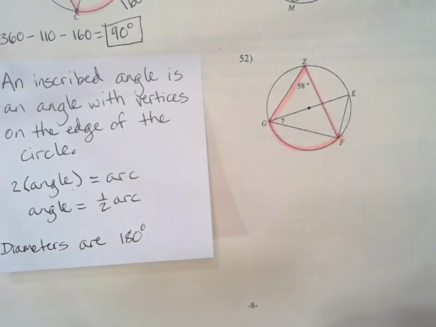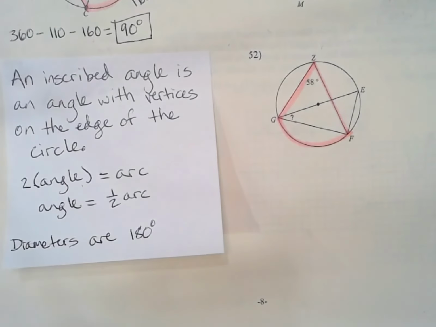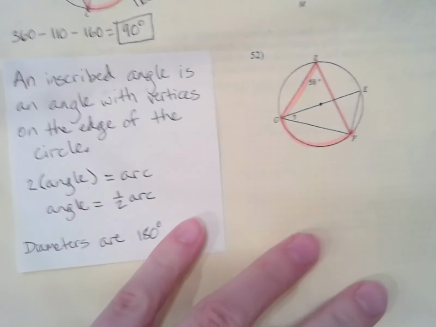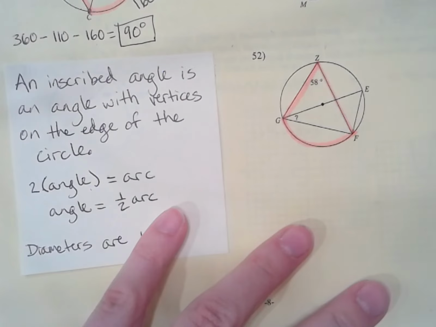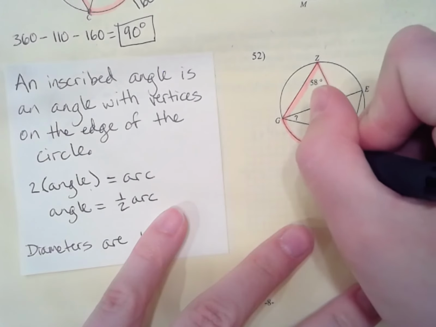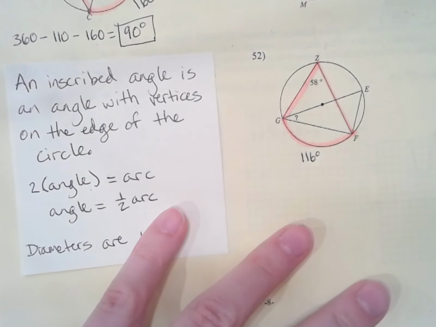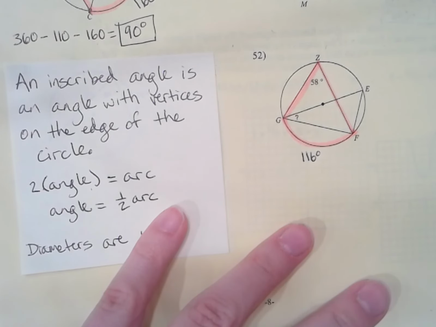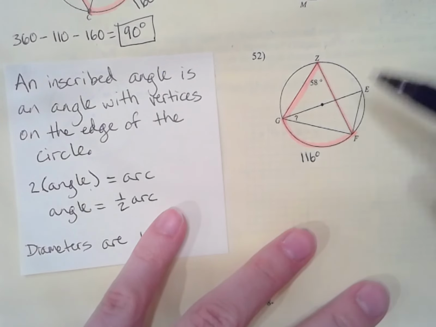And now remember, 2 times the angle gets you the arc. So 58 times 2, that should be 116. I'm going to double check that just in case. 58 times 2. Yep, 116. Okay.